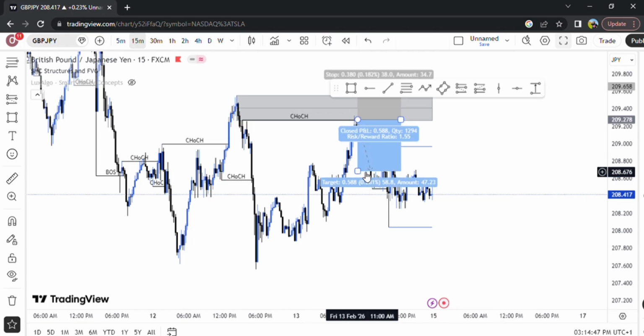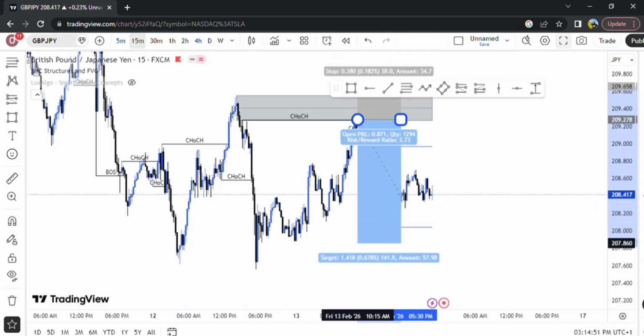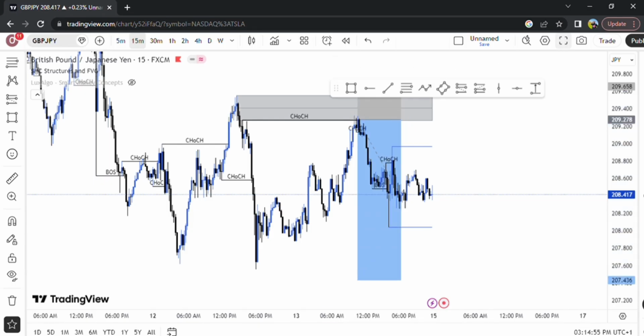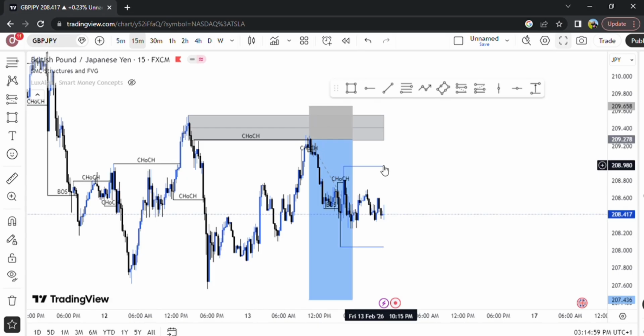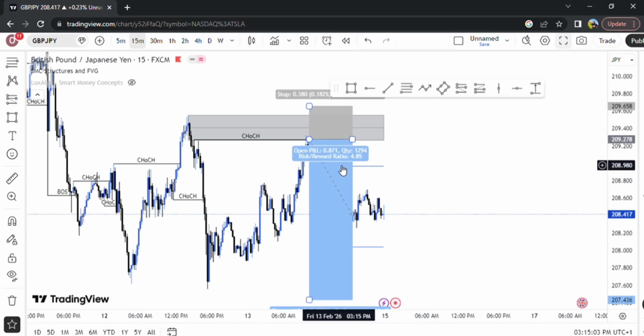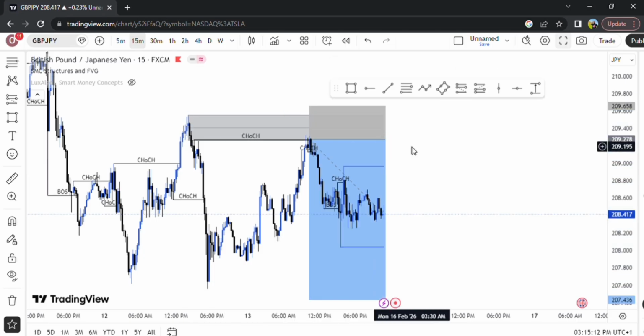My TP was supposed to be down here, but it was Friday and I needed to hurry up and close the market, because I don't normally prefer holding my trade to the next week, because I'm not a swing trader.